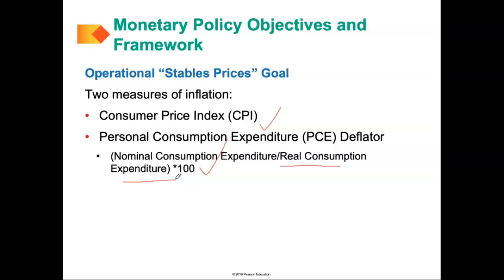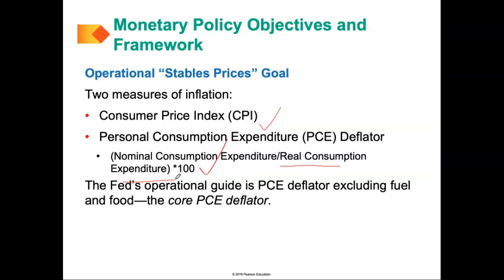The PCE deflator basically excludes fuel and food because fuel and food prices tend to be highly volatile and they don't give a clear indication of the general increase in the price level. So that is what we call the core PCE deflator.